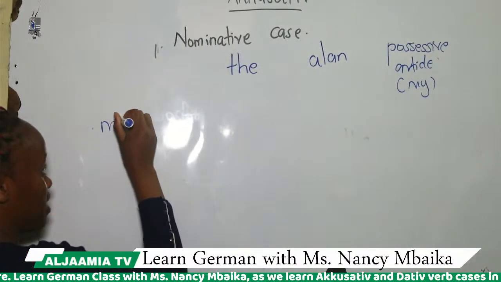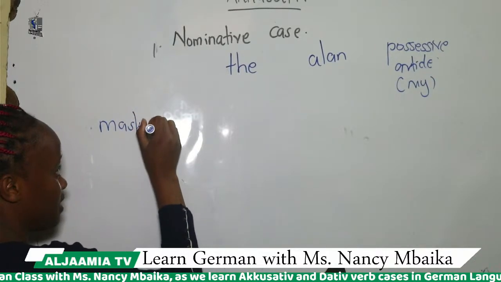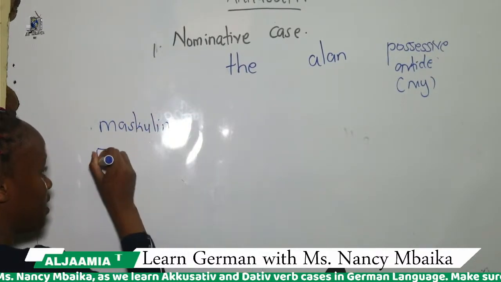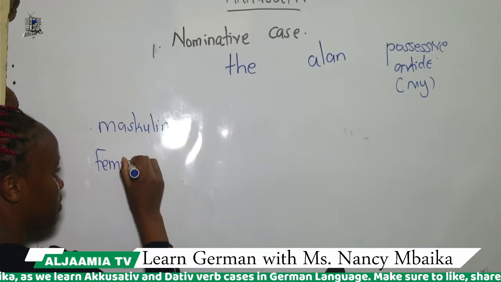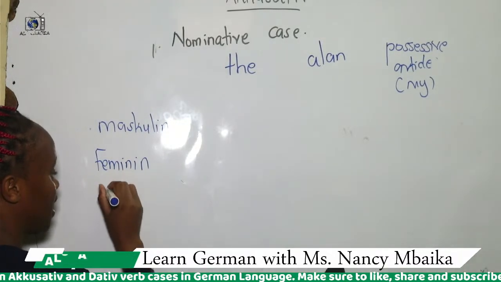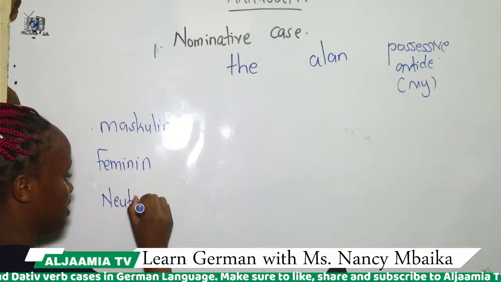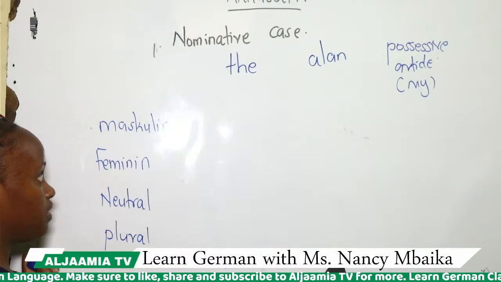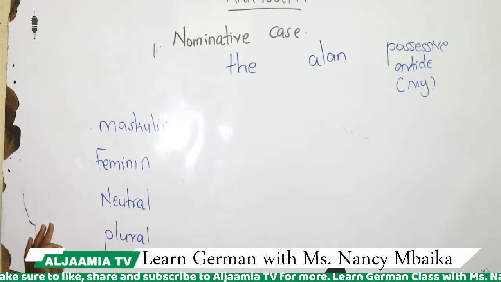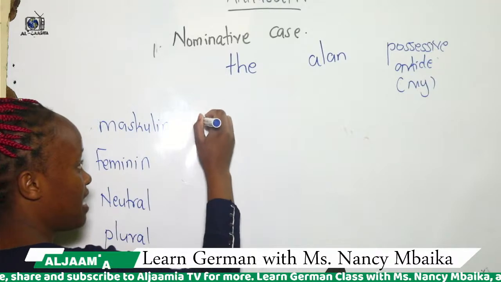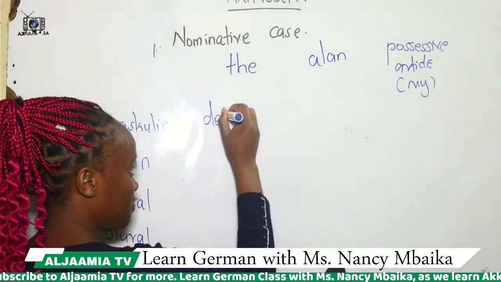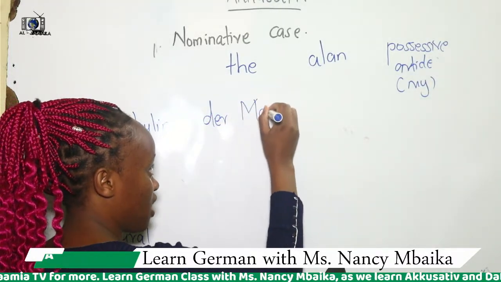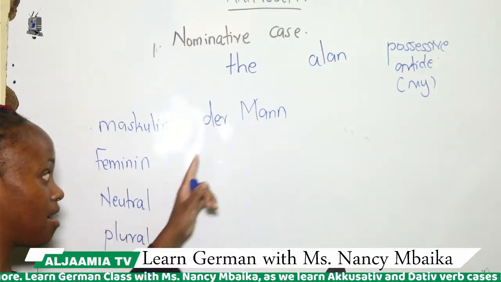So let us start with masculine, feminine, neutral, the neutral gender, and now the plural. So if I want to say the man, I'm going to say der Mann. That one is in German, der Mann.